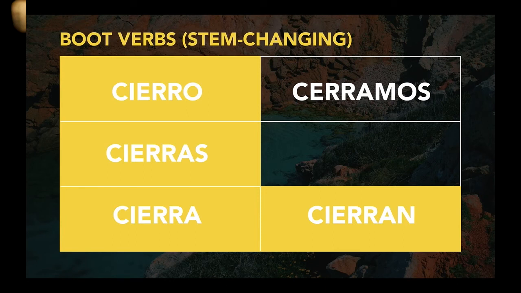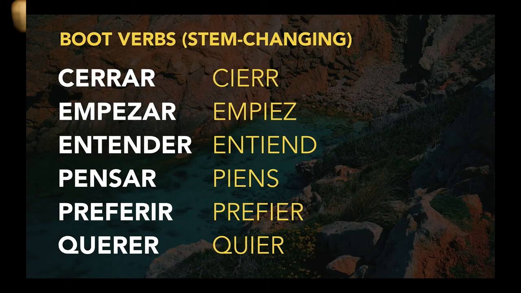Well, we have now a list of some more stem changing verbs that apply the same rule. Change the E for IE and then add the ending according to the subject that is conjugated in simple present tense. Remember, in the yo form is O, in the tú form AS, in the she, he form is A, amos, and AN in the nosotros form, in the ellos form.